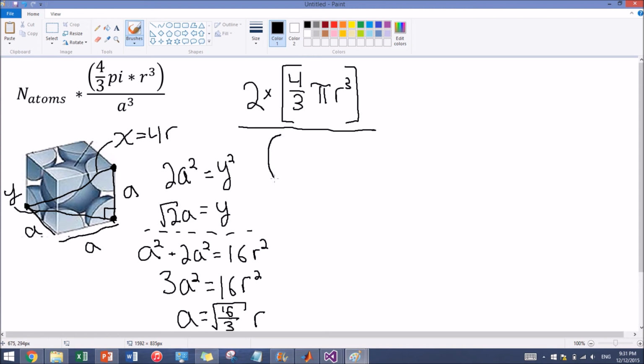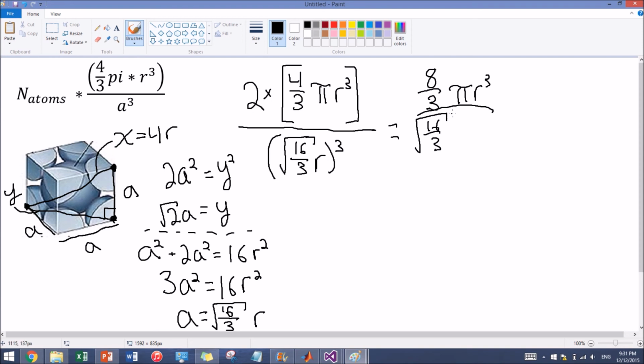So let's put that in brackets: the square root of 16 over 3 times r, cubed. And I'm going to bring the 2 in. So we have 2 times 4, which is 8/3 pi r cubed, over, I'm just going to leave that square root of 16/3 cubed as is, times r cubed.